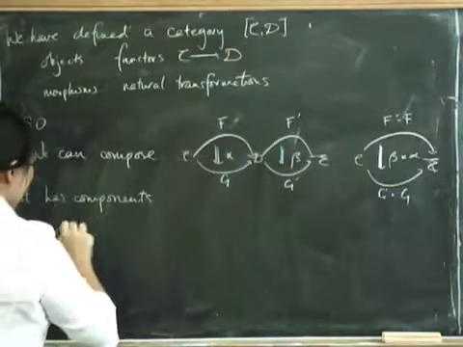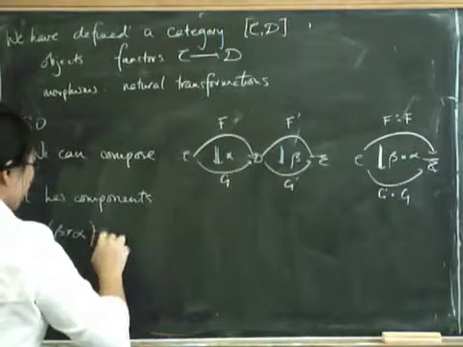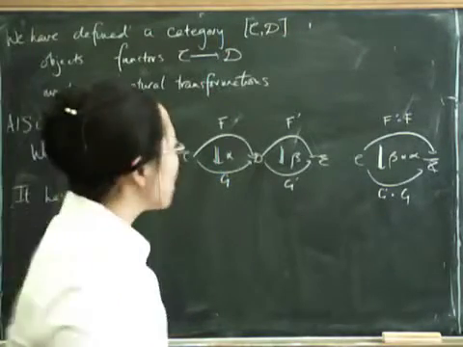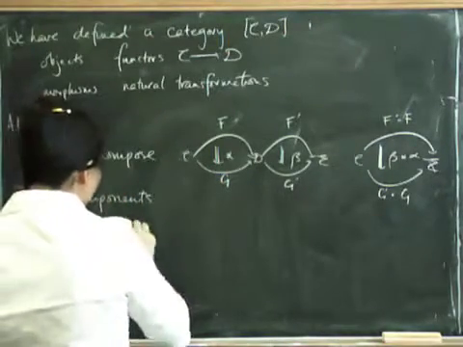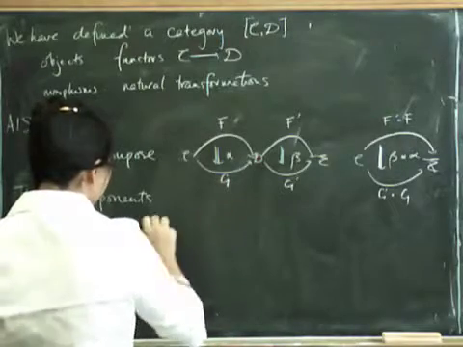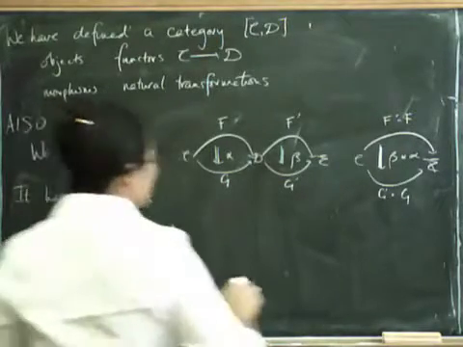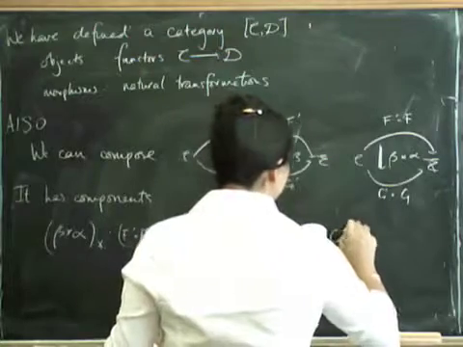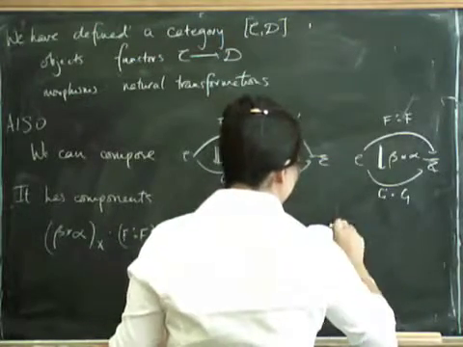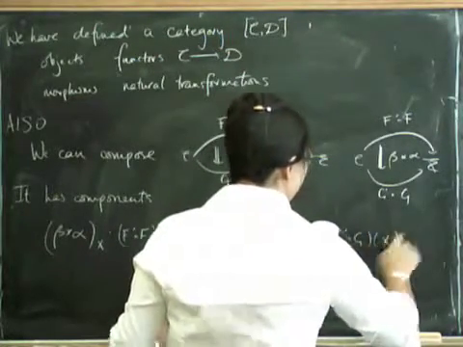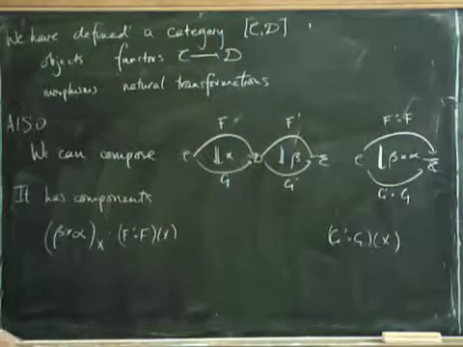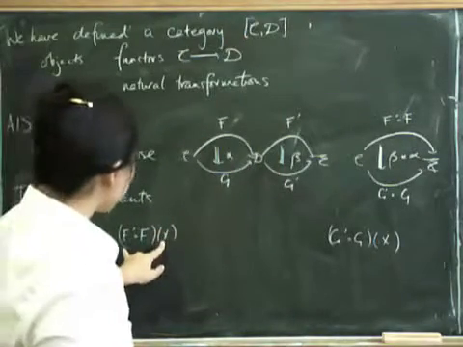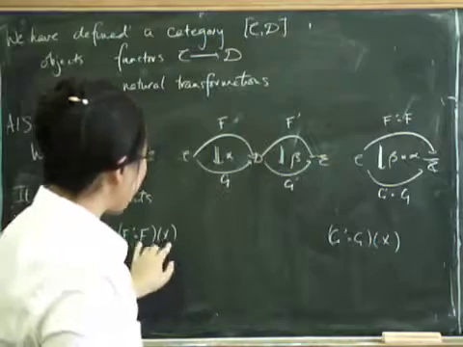Well, beta star alpha has to have a component at x. Now where does it have to go? It has to go from F prime F of x to G prime G of x. Now let's think about this. F prime F of x is just F prime of F of x.